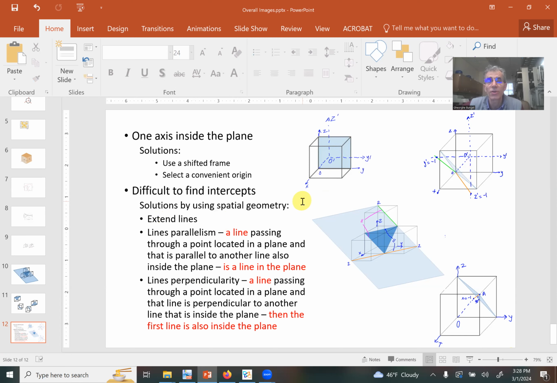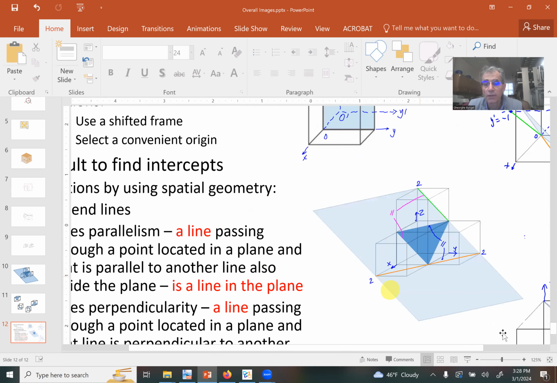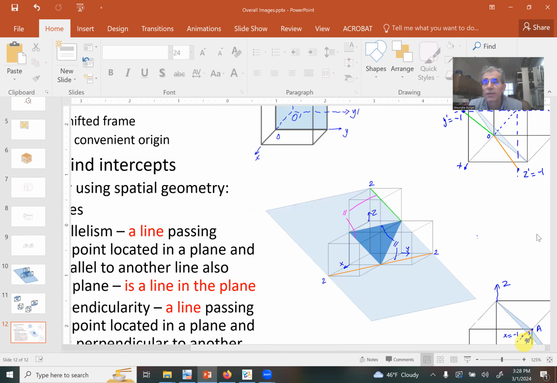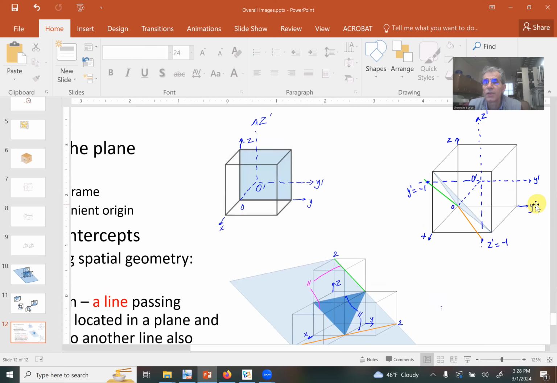For example, in this situation, if I zoom a little bit, we can see that this frame is right there at the origin. When I take a new frame, I shift it as I did in the previous problem. It's still not easy to see where the plane intercepts the axis.